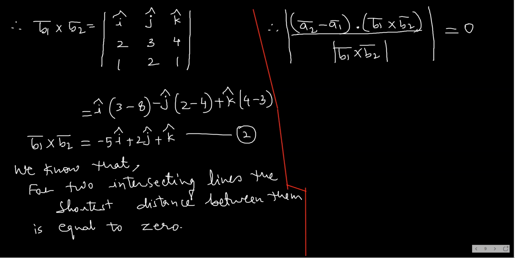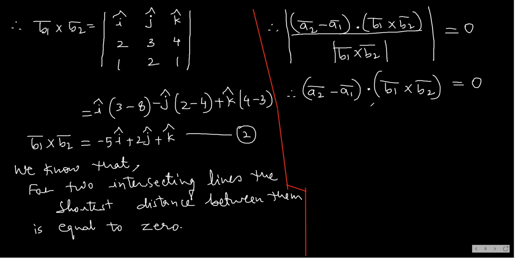So this is the formula, students. This is the shortest distance, and the shortest distance has to be 0. Therefore, you have A2 bar minus A1 bar dot B1 bar cross B2 bar equals 0.